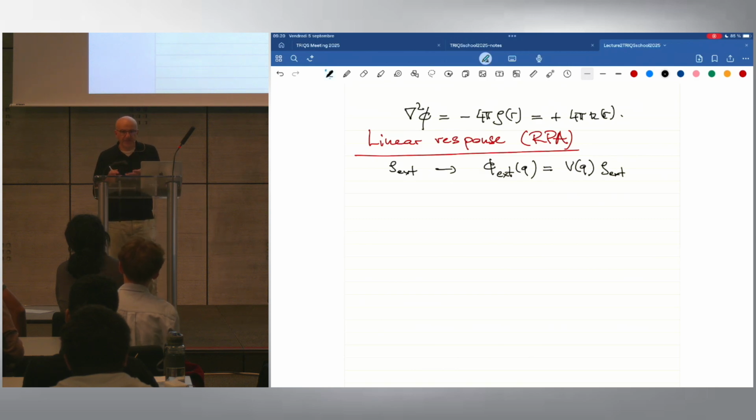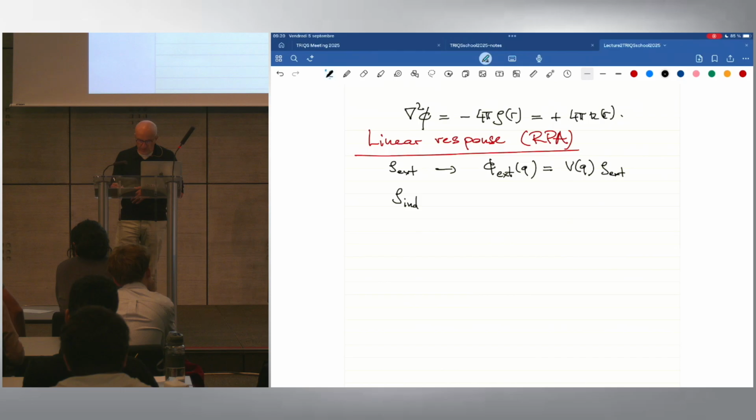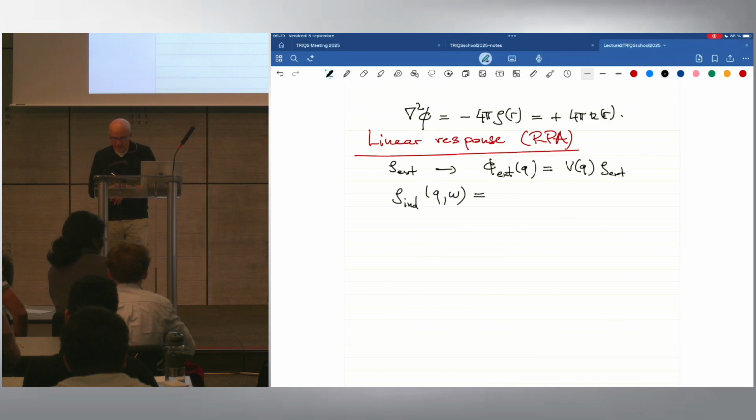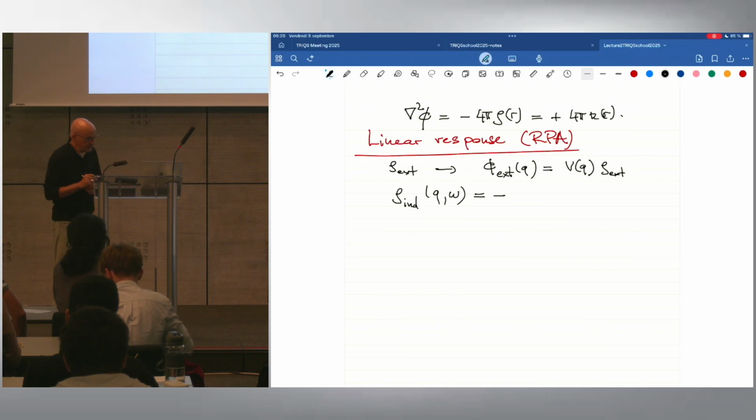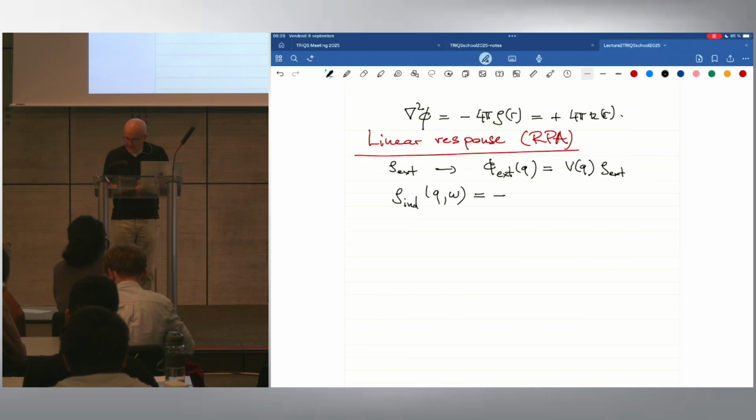but the system will react by creating an induced charge perturbation in the material, and the induced charge density perturbation is a function of q and omega, and it's going to be given by minus, that's because the electrostatic charge density is minus the density, the density perturbation correlation function times the perturbation.